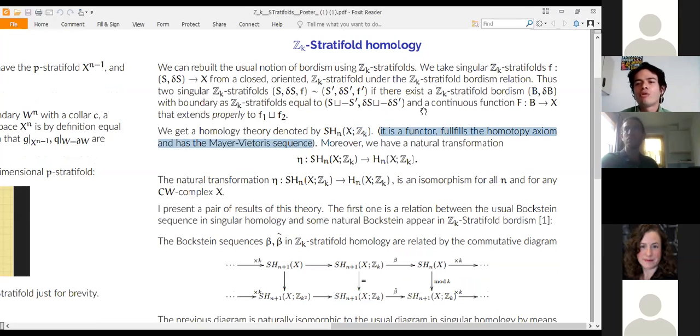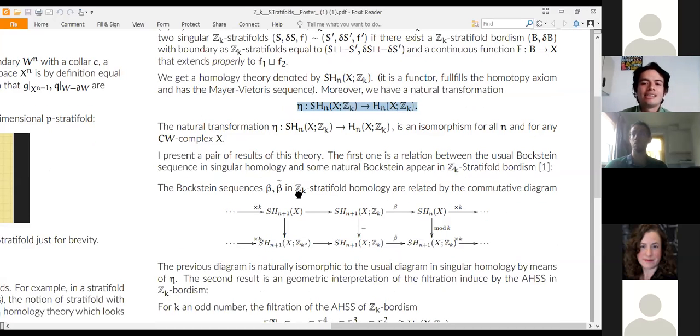We have a subfunctor. We have one or two more minutes, just to warn you. It's a functor. We have the homotopy action, and we have the Mayer-Vietoris sequence. And in this sense, we can give a kind of answer to the Steenrod representation problem. This natural transformation is an isomorphism.